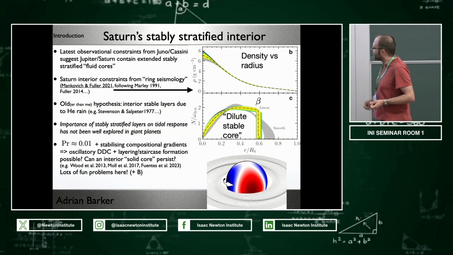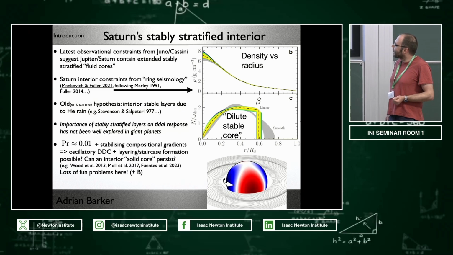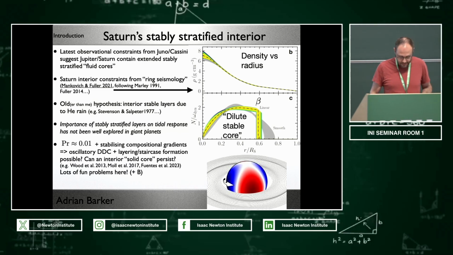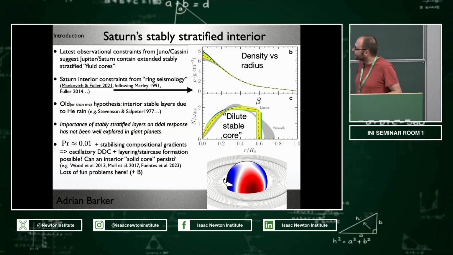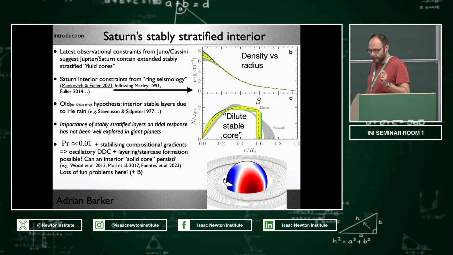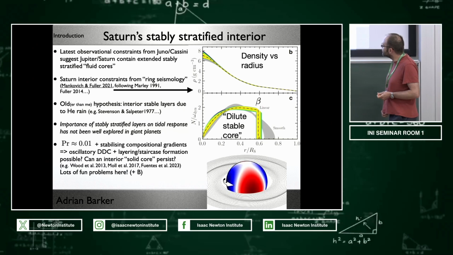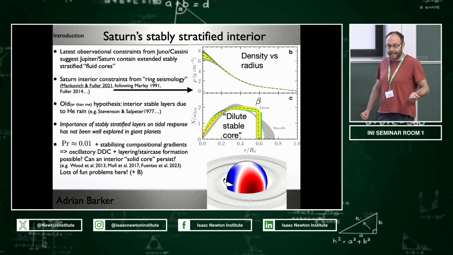And this was proposed in the 1980s, and some theoretical work was done in the 1990s, but it's not really until the past decade or so that constraints on the particular frequencies of these ring oscillation modes have indicated that it's highly likely that there's a stably stratified layer in the interior of Saturn.